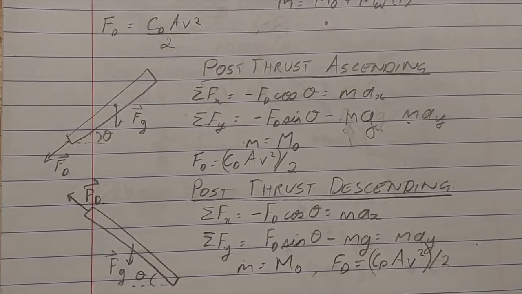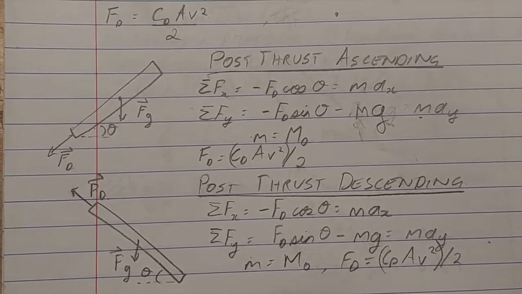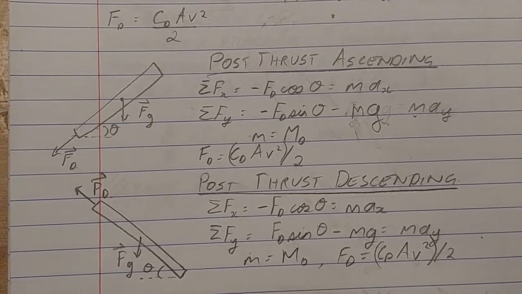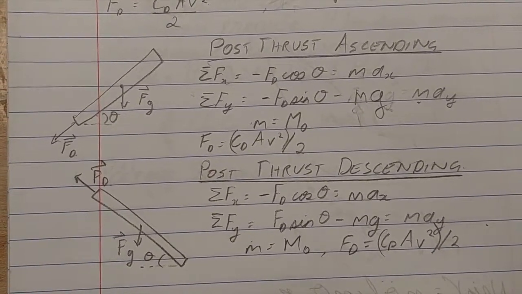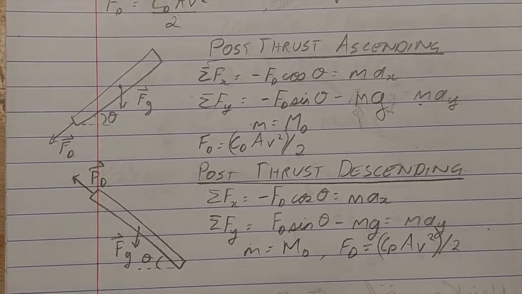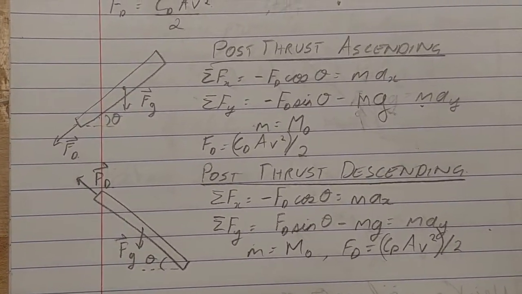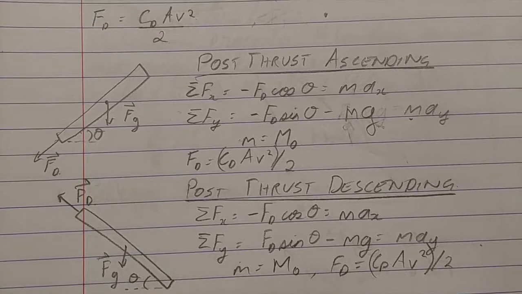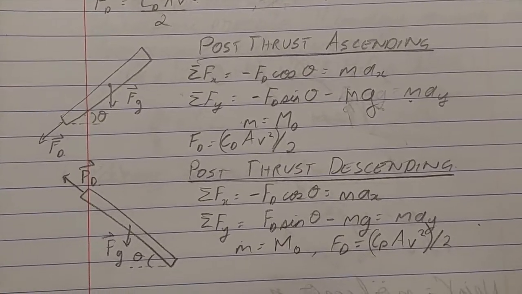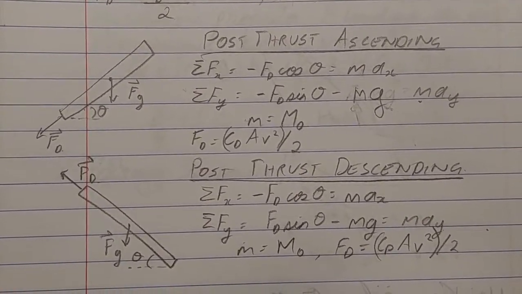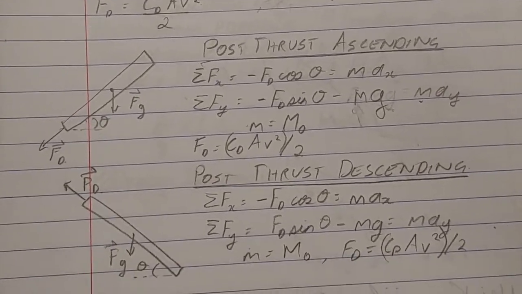The drag force was found using the drag equation, and the drag coefficient was estimated to be 0.82, which is the drag coefficient of a long cylinder. The area of the rocket was estimated to be 0.005 square meters.